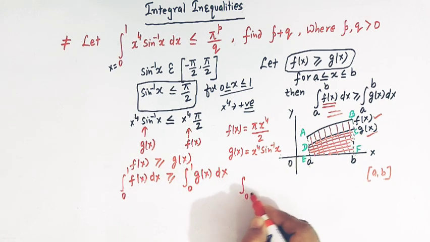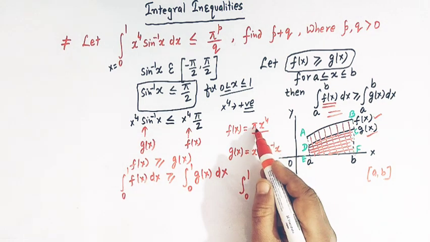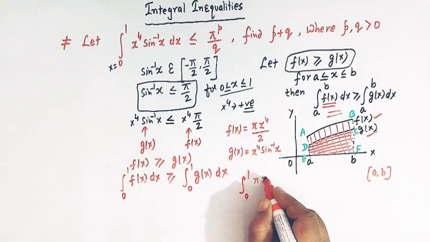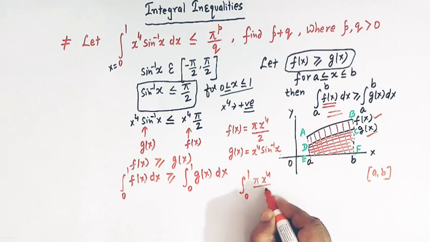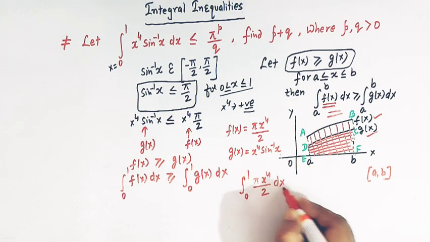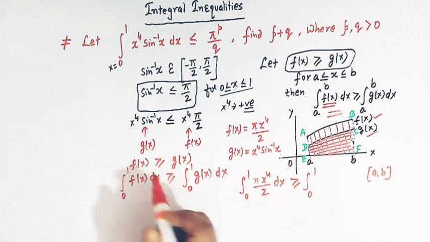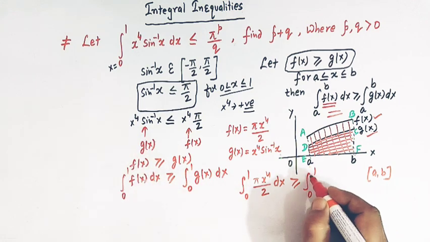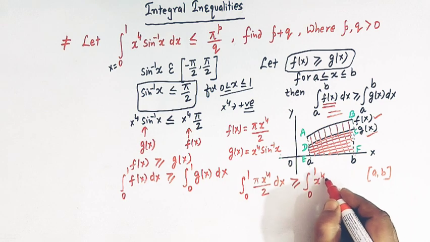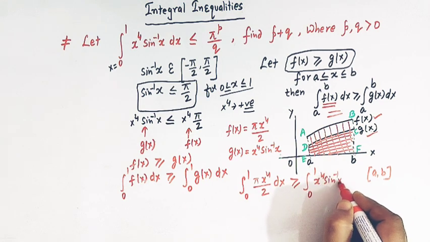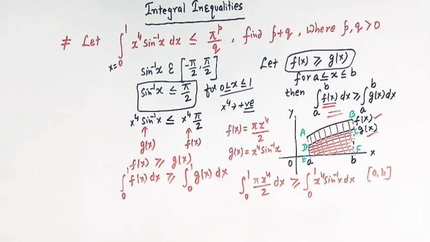So here f of x is pi x raised to 4 over 2, with dx from 0 to 1, and g of x is x raised to 4 sine inverse x, with dx.